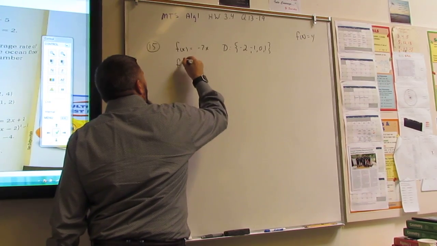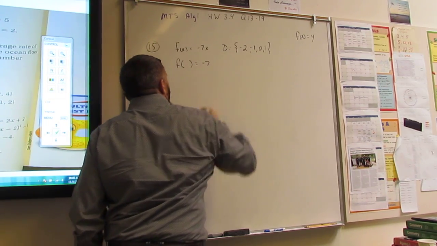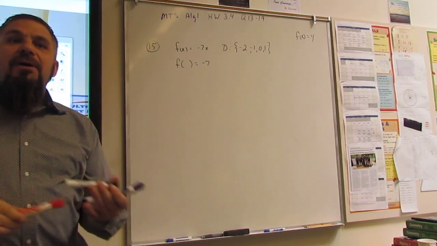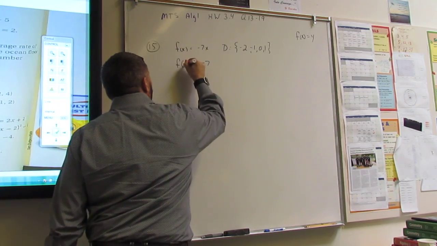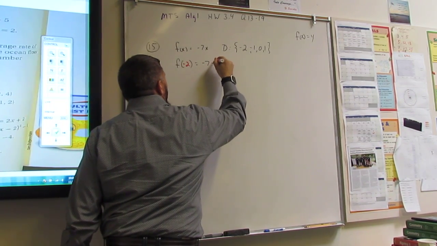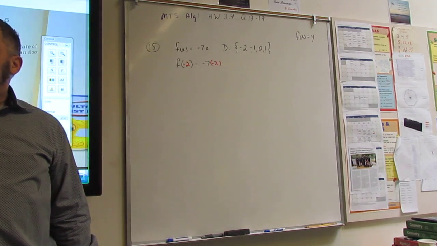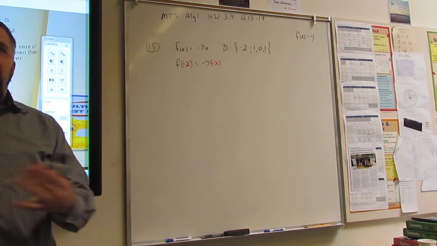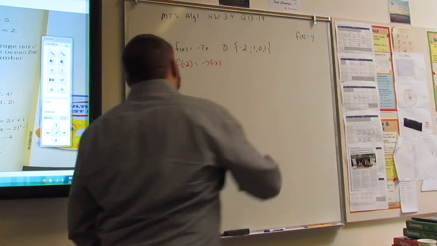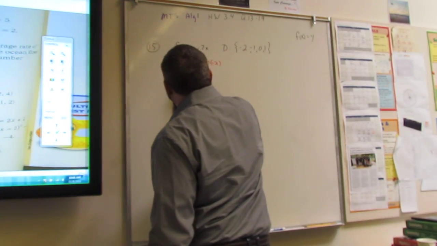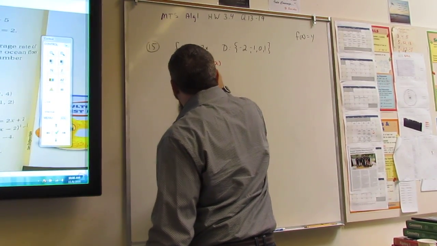The function with respect to x, meaning if I plug in a negative 2, then that's what I'm plugging in for the x. That's all you're doing, is plugging it in. So, f of negative 2 is equal to what?